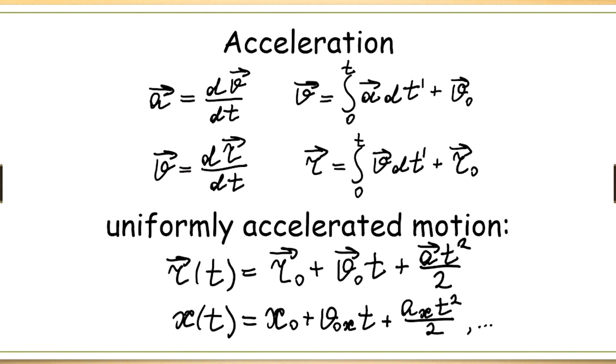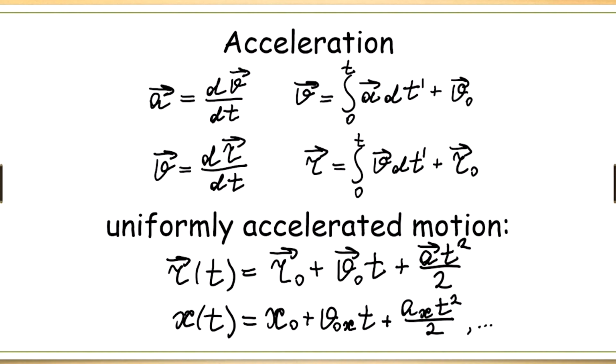For example, in the case where the acceleration is constant, these integrals can be easily taken, and then the radius vector as a function of time will be given with this simple expression in the form of a vectorial equation.